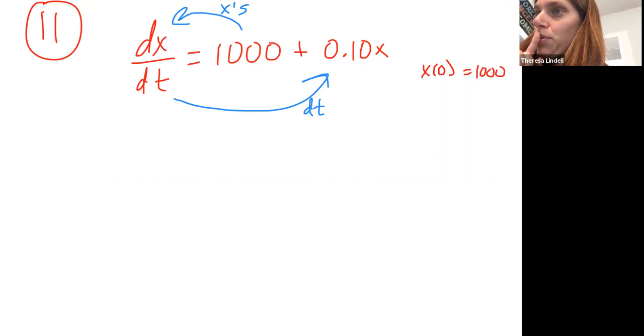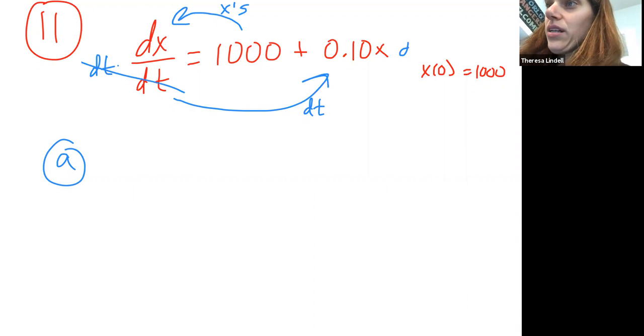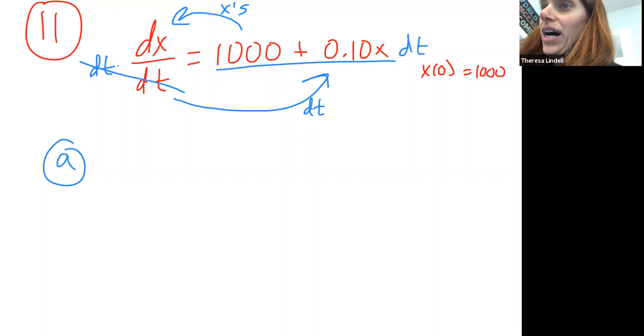So I'm pretty sure what I'm gonna do then, I'm thinking here, is part A wants us to solve the initial value problem. So that's doing what we just did for 8 through 10, but just with different variables. I think I want to multiply by dt, right? Get it over here. And I actually think I want to divide by all of this, because you can't just divide by x.